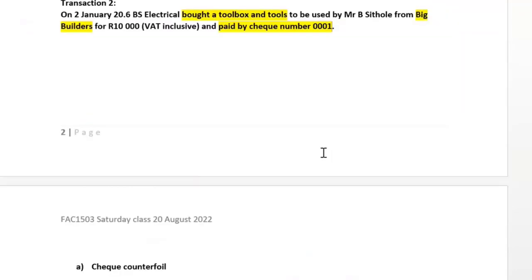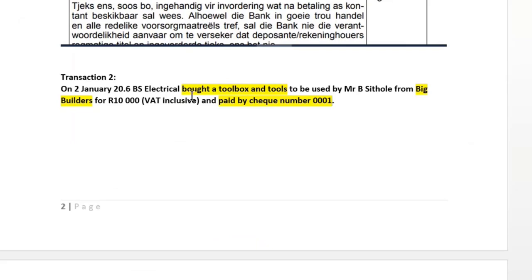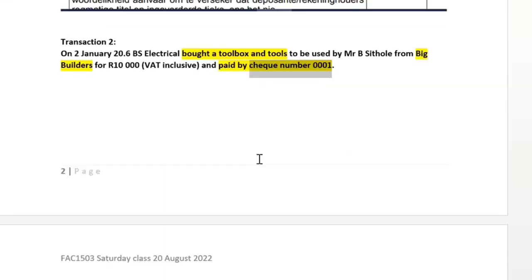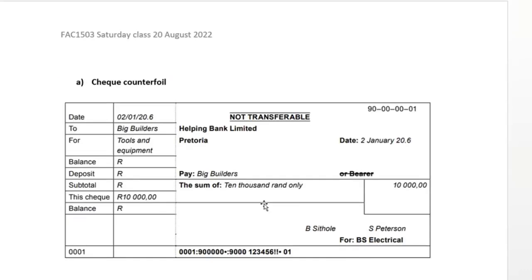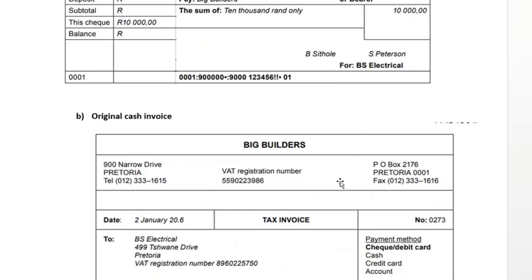So the source document for this transaction, because BS Electrical paid by check, will be the check counterfoil, and the proof that the toolbox and tools were bought will be that original tax invoice.